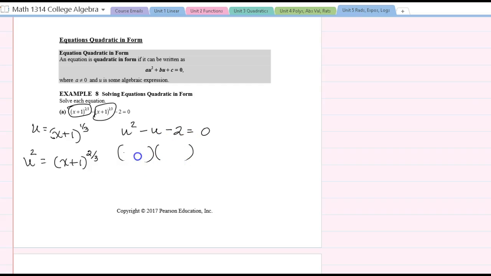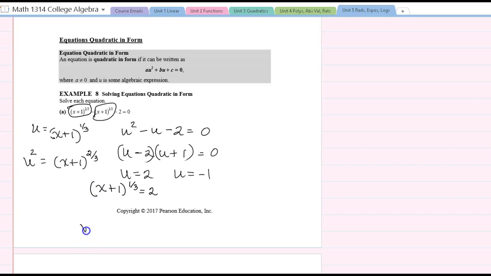We can factor this into u and u, and I need a negative 2 and a positive 1. And then we can see that u is equal to 2 and u is equal to negative 1. So then we have to undo the u's. All that means is I have to solve the equation x plus 1 to the 1/3 is equal to 2.